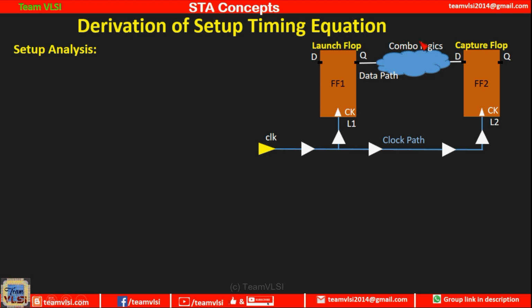Both the flops are operated by a single clock, and the clock signal is propagated from the clock pins to both the flops. This is the typical scenario of edge to edge path analysis, right?